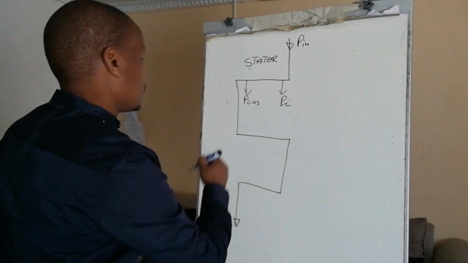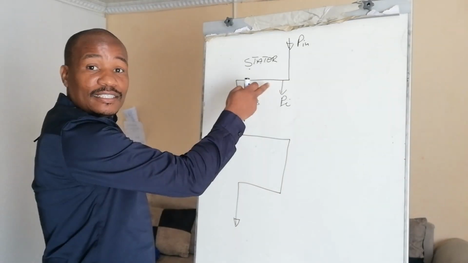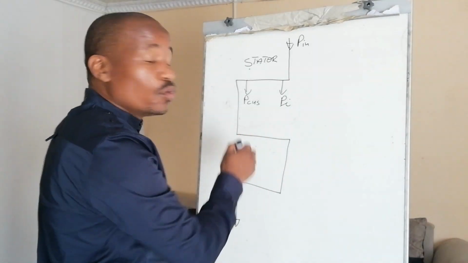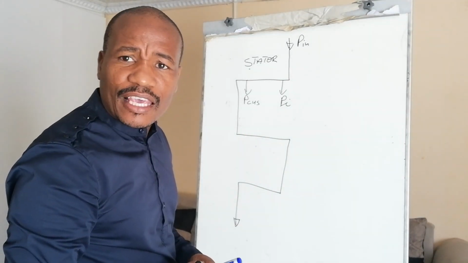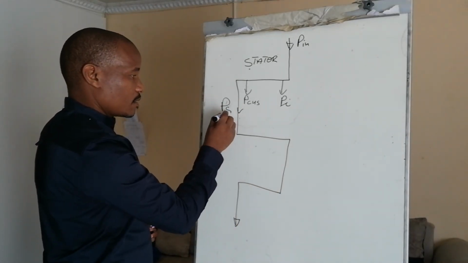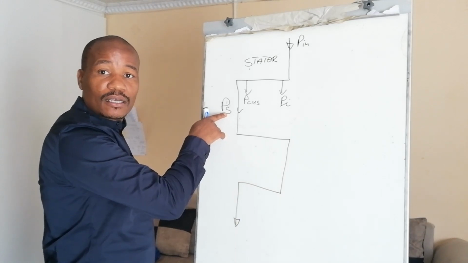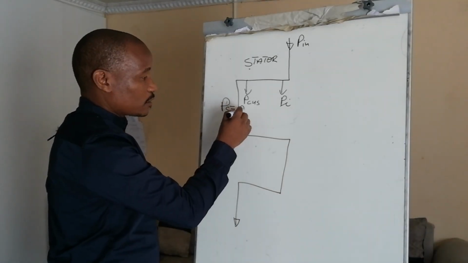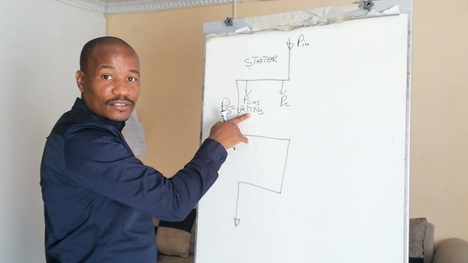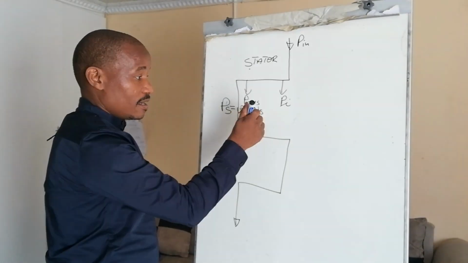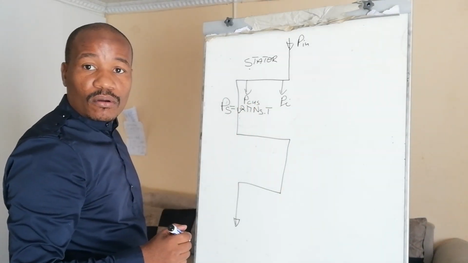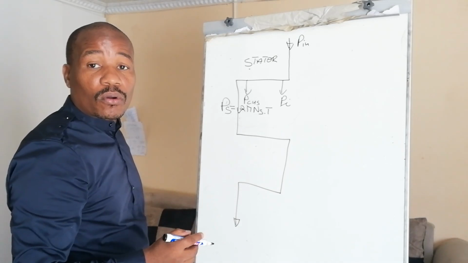And then from the stator, there is power that has to go through what is called the air gap, and we call that power the synchronous power. The formula for that synchronous power is omega, 2 pi ns, multiplied by the torque or gross torque.